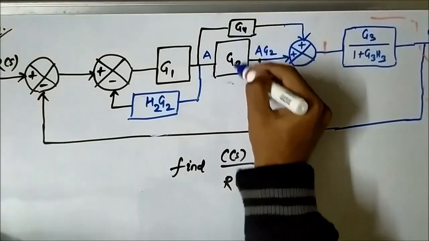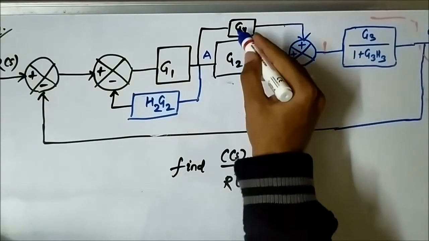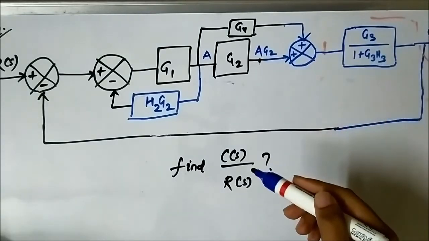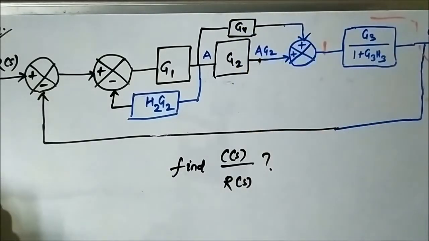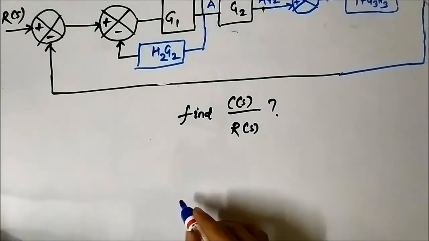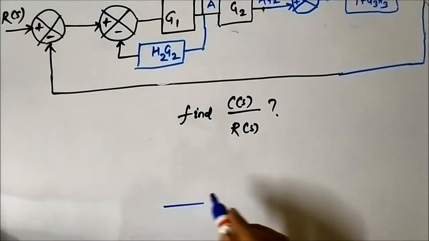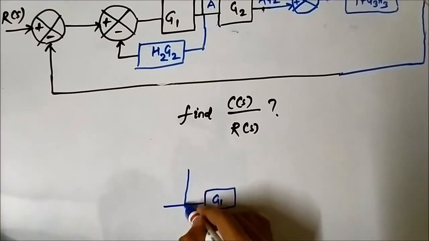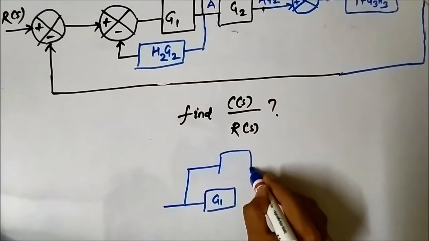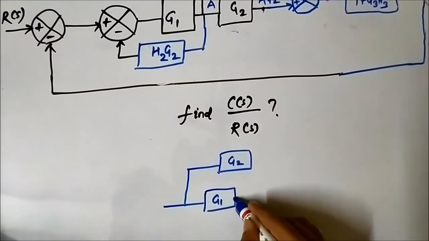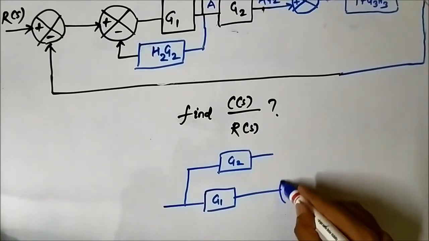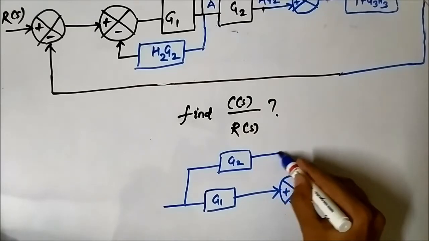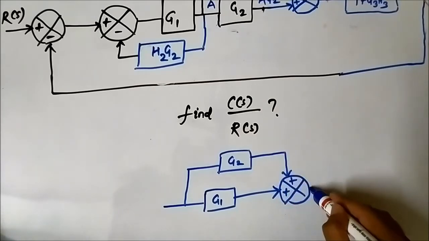These two blocks are in forward path and the signals are fed to this summing block. So the gains will be added. It's like eliminating a forward path. Suppose we have two blocks, G1 and G2, in forward path connection, the outputs of which are fed to a summer. This is positive and this is also positive.